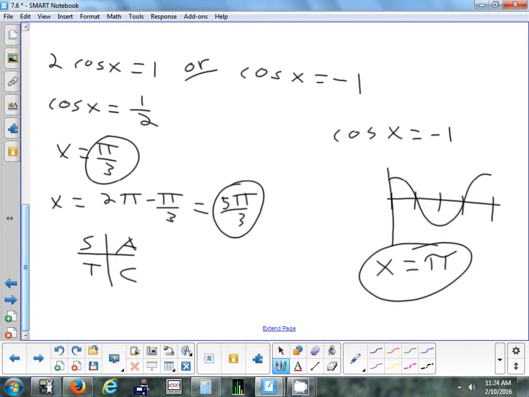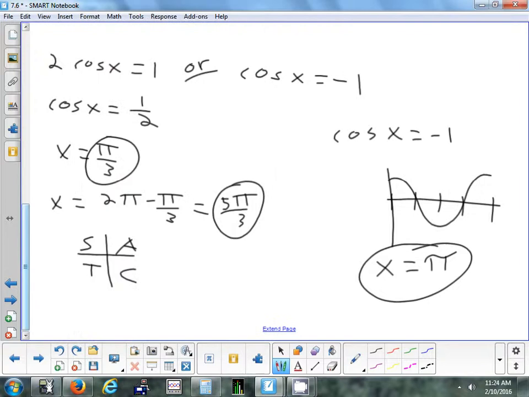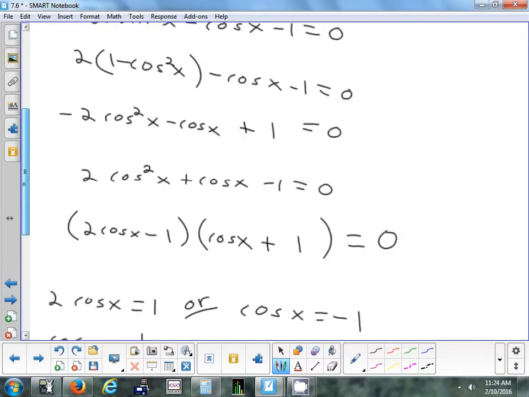Okay, if you use your calculator, it would actually tell you 3.14 or 180. Okay, so this time that would give you the correct answer. Now we just have to make sure that all the answers are within one period.